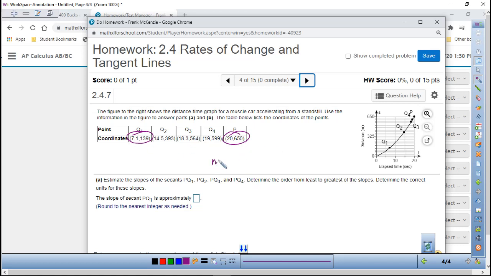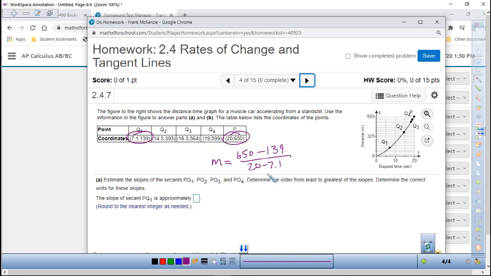So if I want to find the slope, remember all it is is y2, 650, minus y1, 139, over x2 minus x1, 20 minus 7.1. And then you just calculate that.